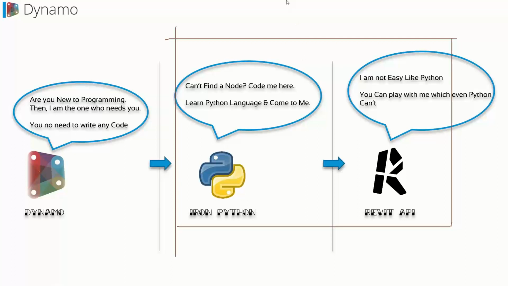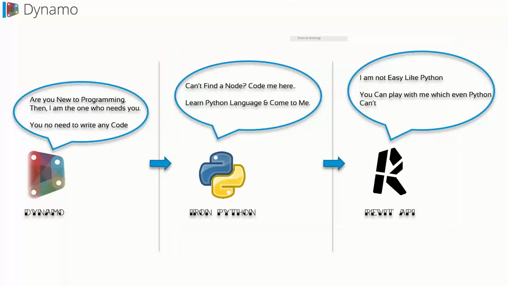Okay, so if you can't find a node in Dynamo, then you have to learn this. Say can't find a node, then code me here. Clear? When you are new to Dynamo, you can achieve up to 60% of your solution.